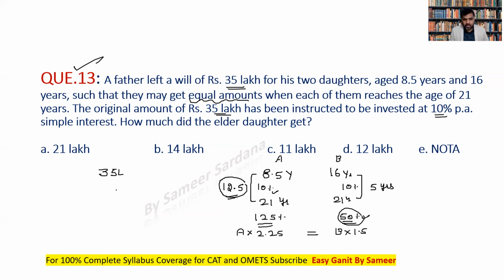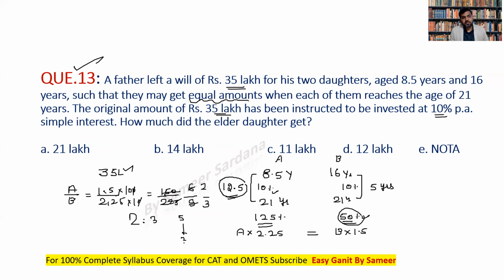Now I'll get the ratio of A and B. So you get to know that A upon B will be 1.5 upon 2.25, that is 150 upon 225. 25 into 6, 25 into 9, 3 into 2, 3 into 3. 2:3 is the ratio between A and B. So simply divide this whole 35 lakh in the ratio of 2:3.